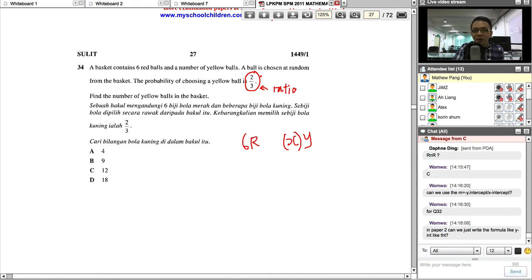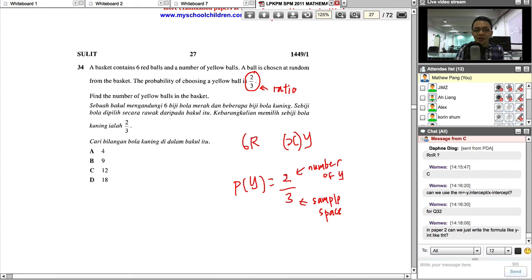Alright, and then from the probability of yellow ball, something I know is the top one will be the ratio of the number of yellow balls. This one will be the sample space. Sample space means the total number of colored balls here.